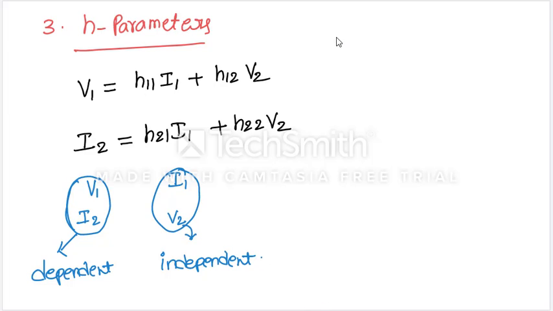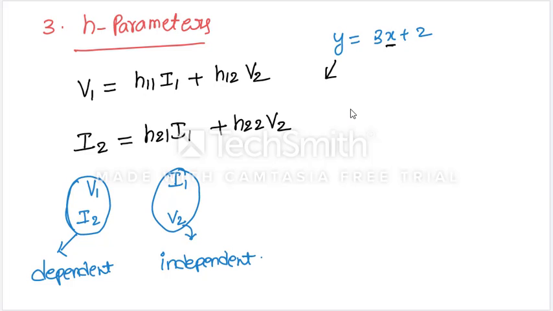Simply, for example, if they give y is equal to 3x plus 2, tell me which is the dependent and which is the independent. y is dependent on x.